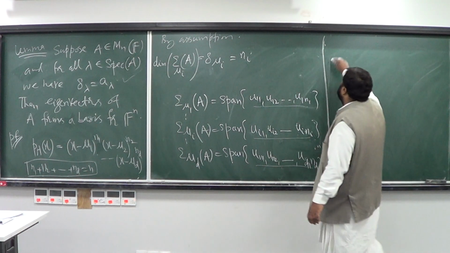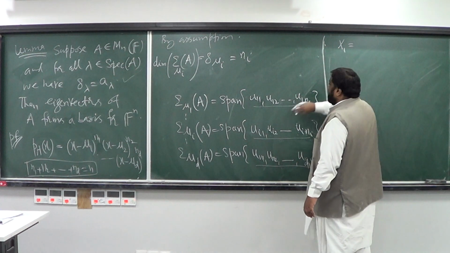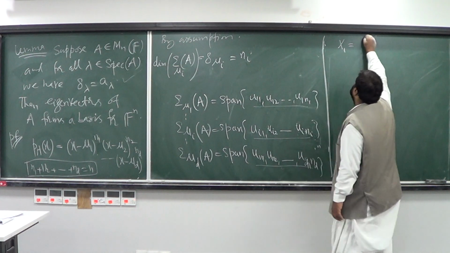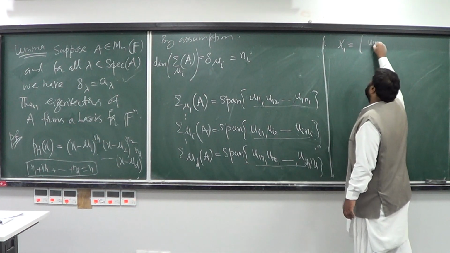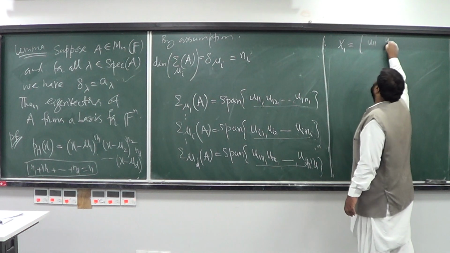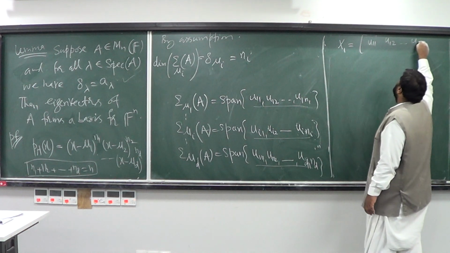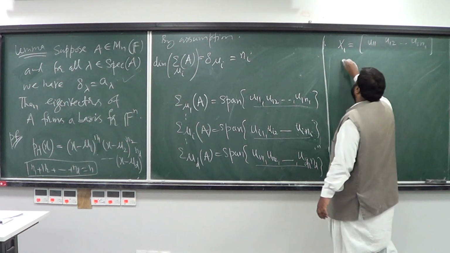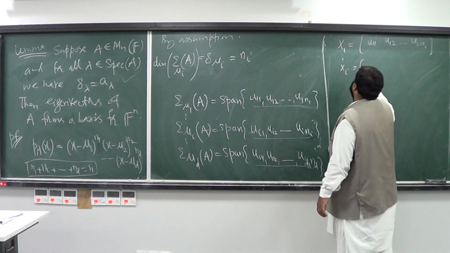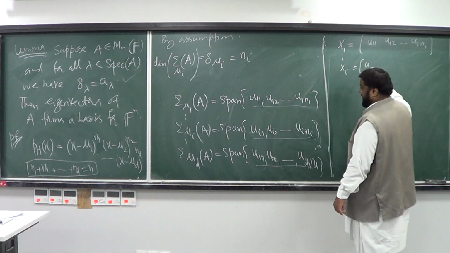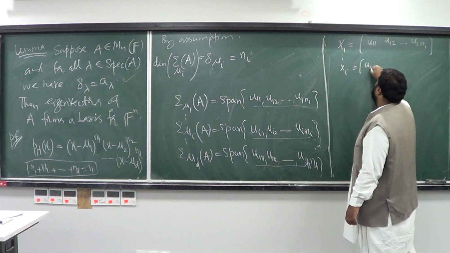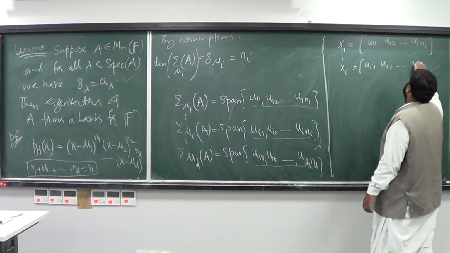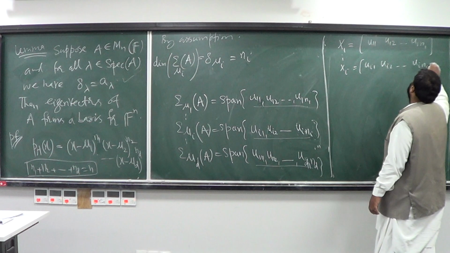So let's create a matrix X1 in which the column vectors are these u11, u12 up to u1n1. Okay? And Xi has columns ui1, ui2 up to u i n i.